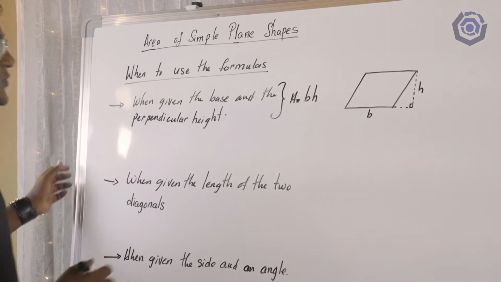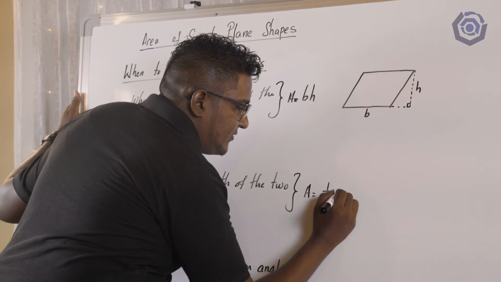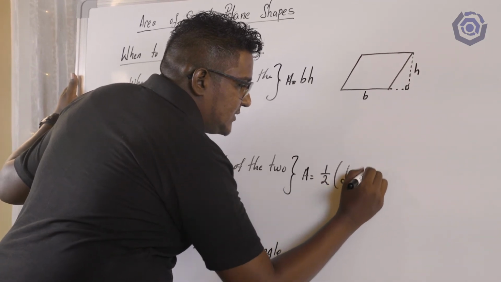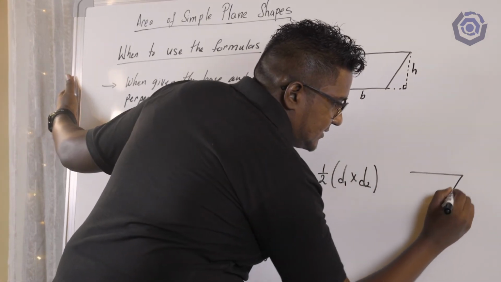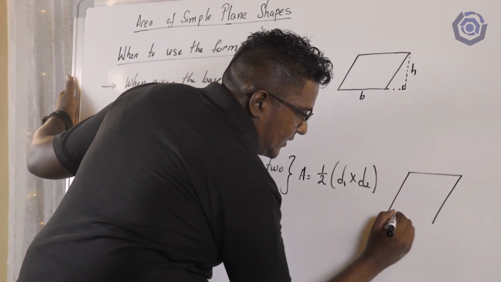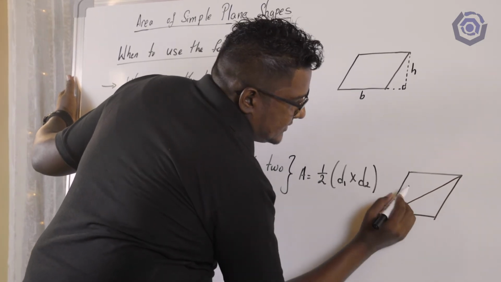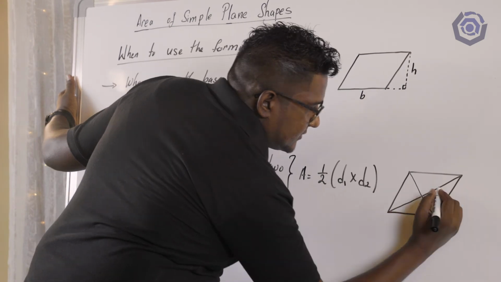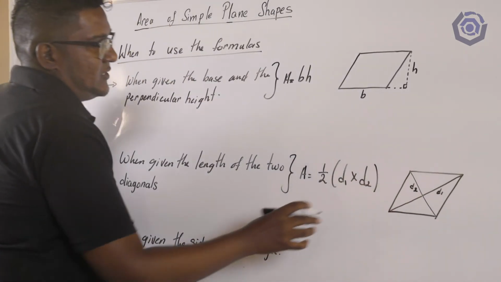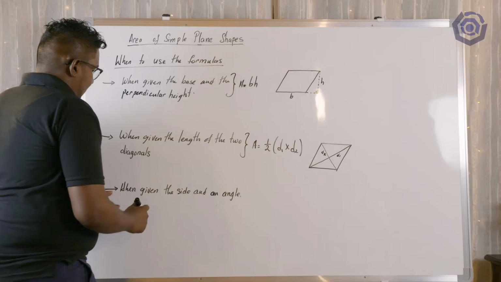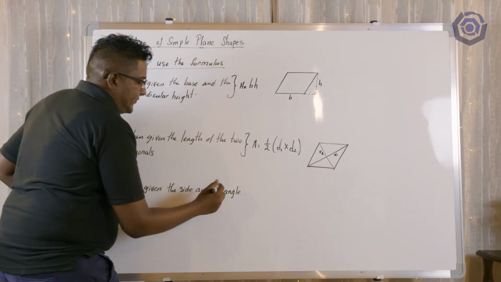When given the length of the two diagonals, we use A is equal to a half of D1 times D2. And a quick reminder of what this is. Our diagonals are inside. So this is D1 and let's call this D2. They could be interchanged. And then the last one is when given the side and an angle.